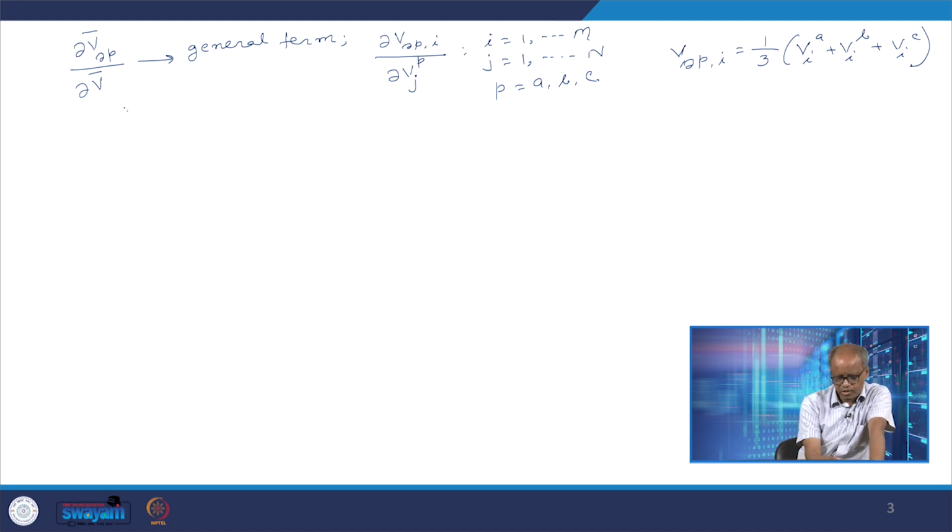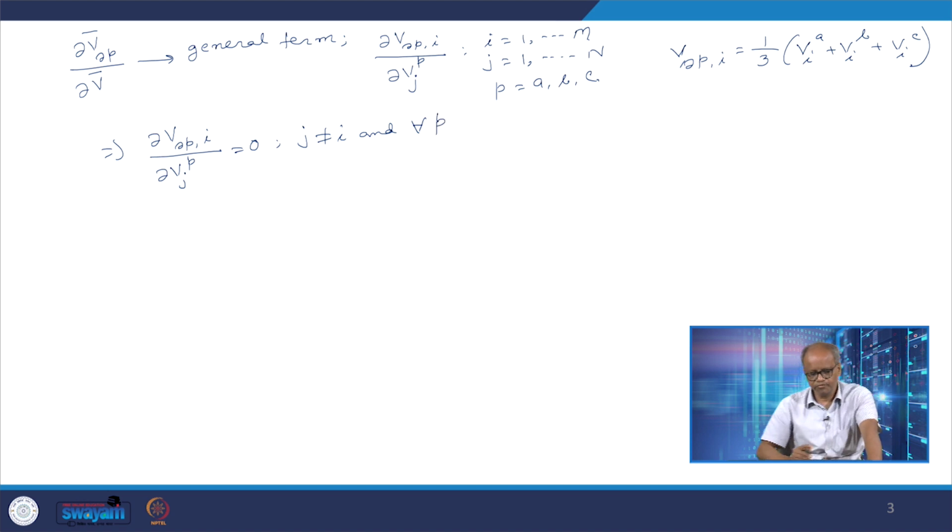So therefore I can say that del V specified I by del VJP is 0 for j not equal to I and for all p. If j is not equal to I, for any p it is always 0, correct, because V specified I is not a function of any VJP.